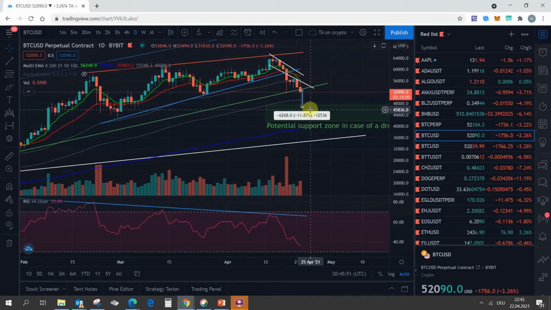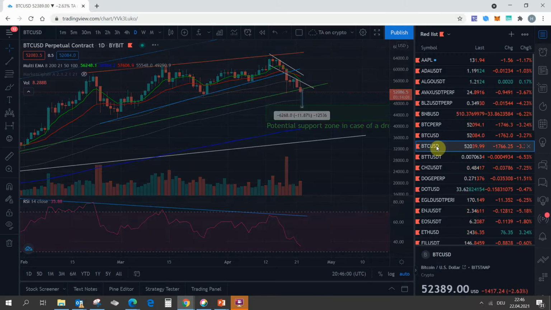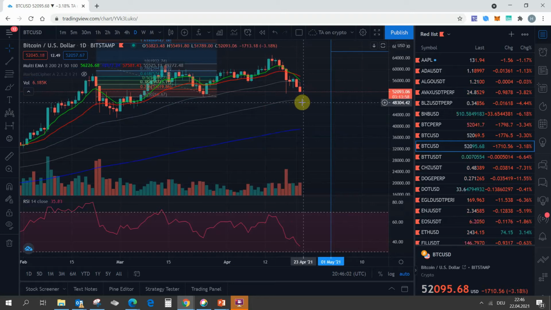We go down for another week probably, and then we come down here in this area where we saw the 21 week moving average, somewhere here, 46,000, 47,000, and at that point we will bounce back.